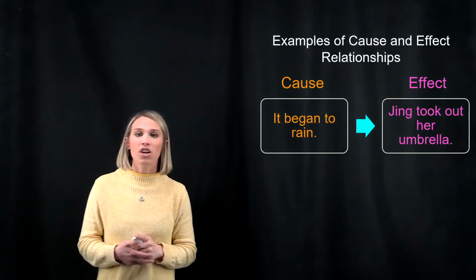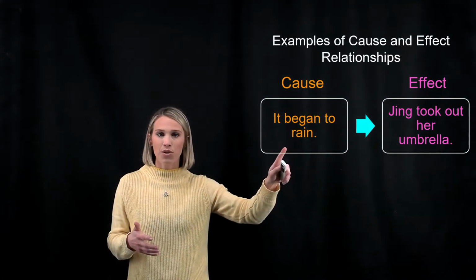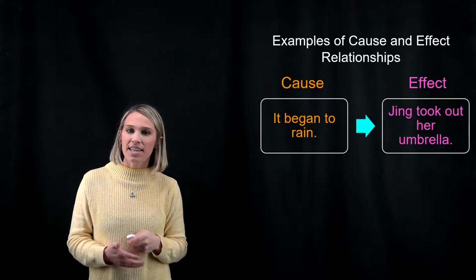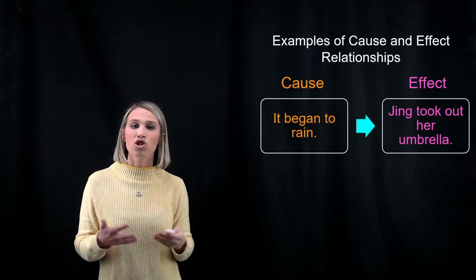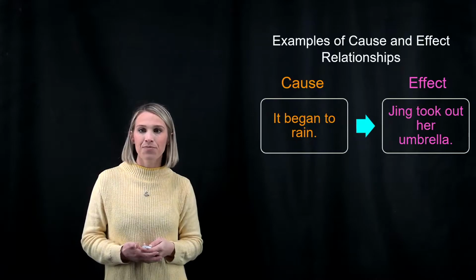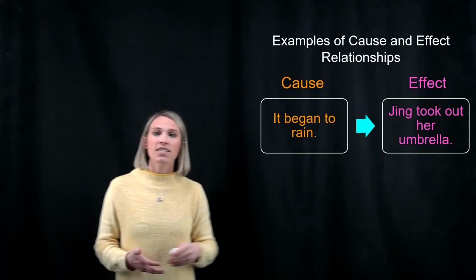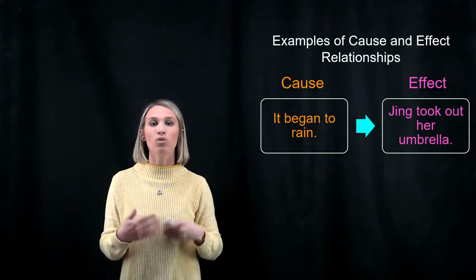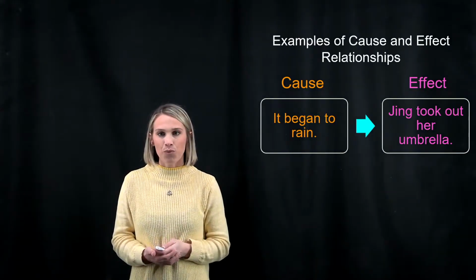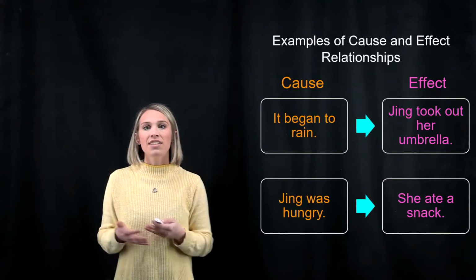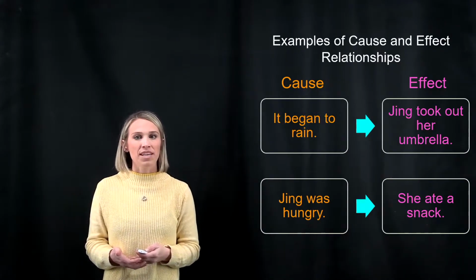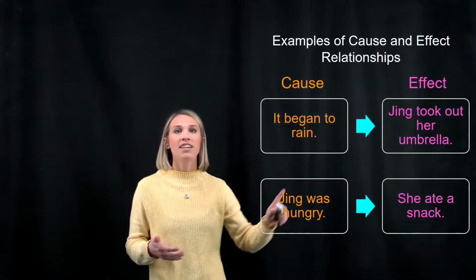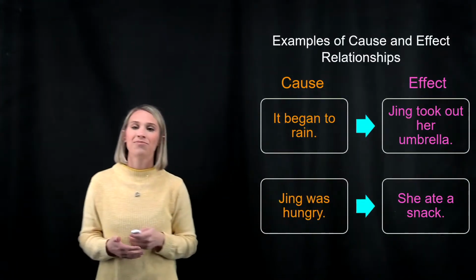This tells me the cause is it began to rain because it creates the need for Jean to do something so she will not get wet. The effect is Jean took out her umbrella because it is what happened as a result of it starting to rain. The second cause and effect relationship is Jean was hungry, she ate a snack.